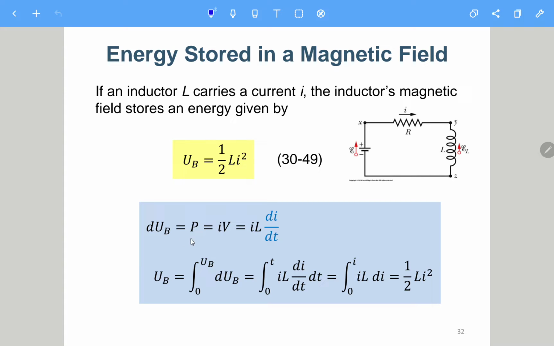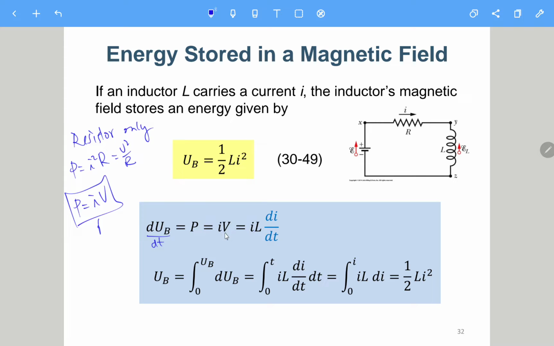So dU_B over dt is the power, and the power is always I times V. For the resistor only, you can have P equals I squared R or V squared over R, but P equals IV is true for different devices, even those that are not resistors.